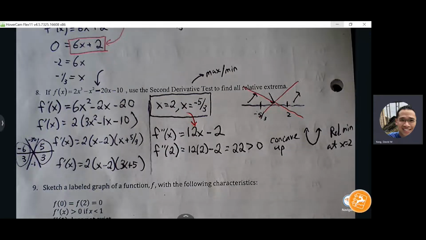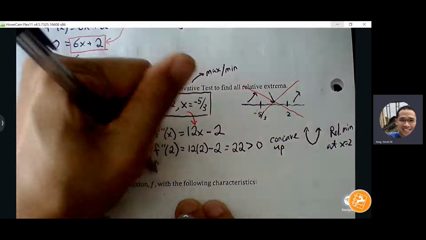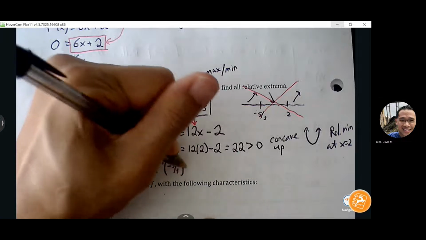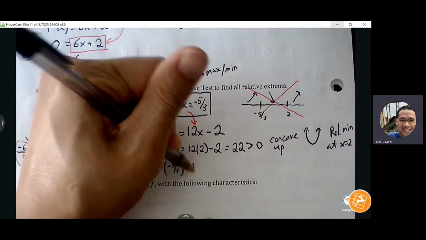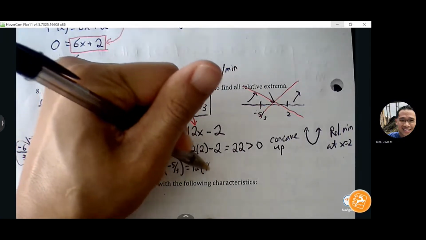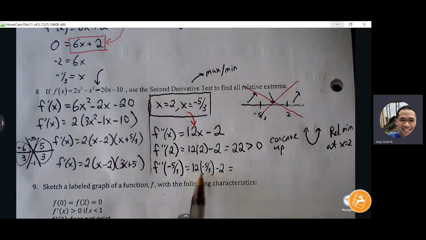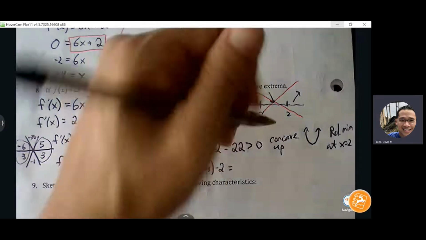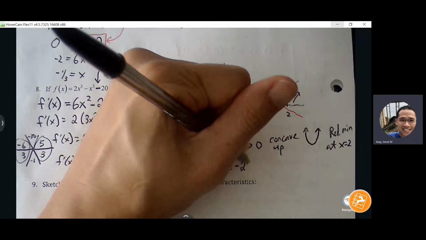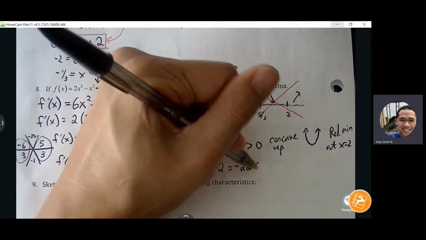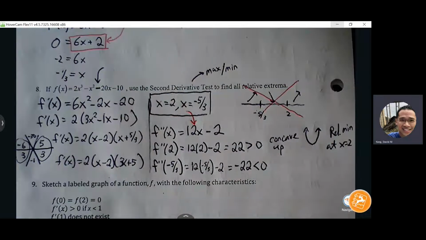Okay, f double prime, we're going to test the other point here, -5/3, in the second derivative function. So 12 divided by 3 is 4. 4 times -5 is -20. -20 minus 2 is -22. The important thing is that it's less than 0. Let's verbalize it.